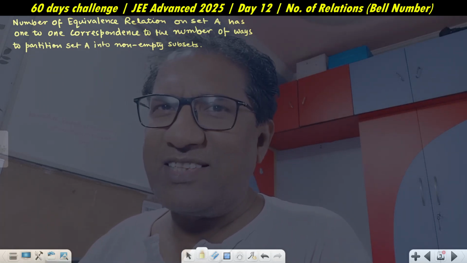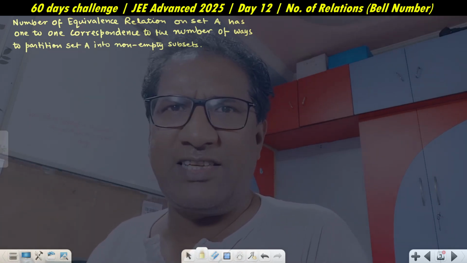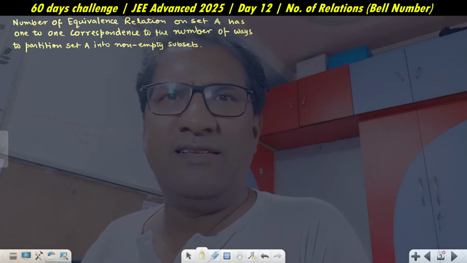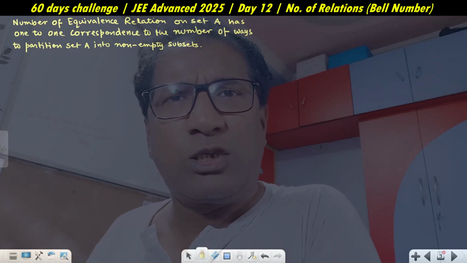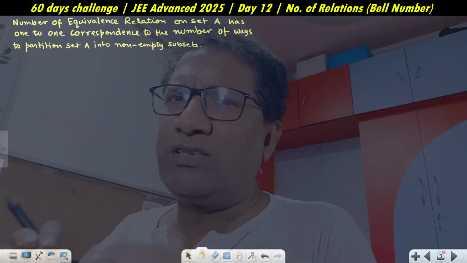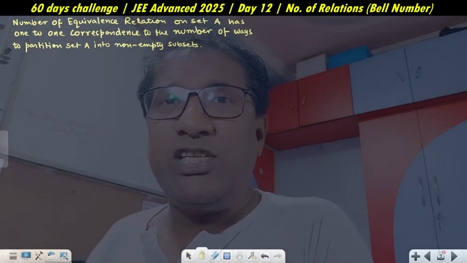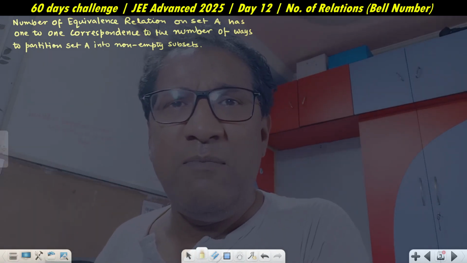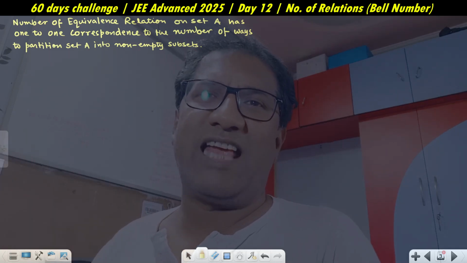If your set A has n elements, the number of equivalence relations possible on set A will be the total number of ways of partitioning these n elements into non-empty subsets.